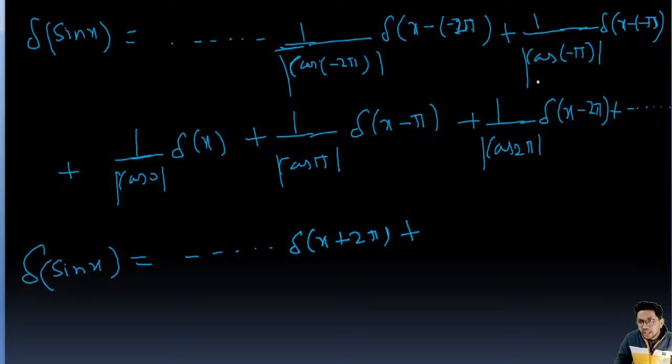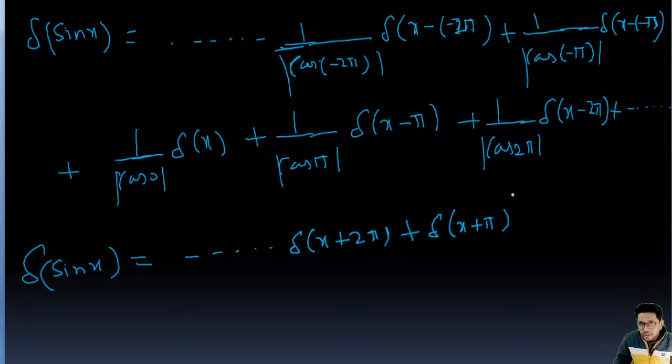Similarly, cos minus pi is cos pi, whose value is minus 1, but there is a mod, so it is 1, and this is delta x plus pi.